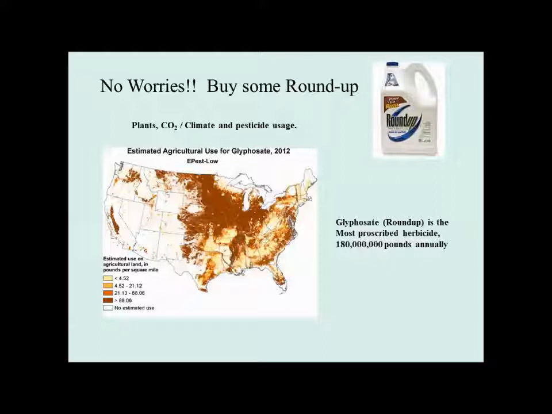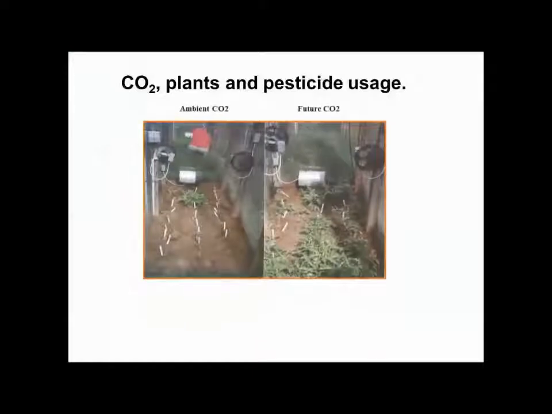Now, you can understand that. In fairness, if the average farm size in the US is between 400 and 500 acres, you ain't gonna pull your weeds out by hand. You're gonna use a chemical means to control them, right? Understood. So, wait, what does CO2 do to chemical management?